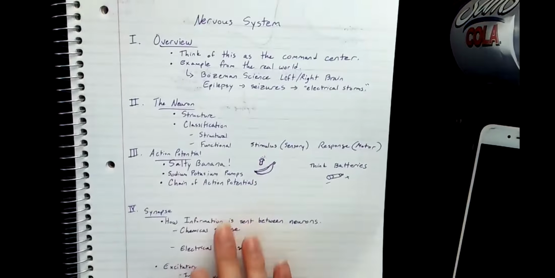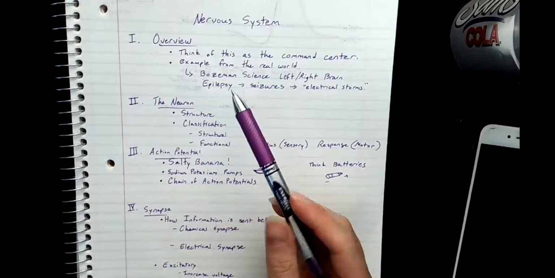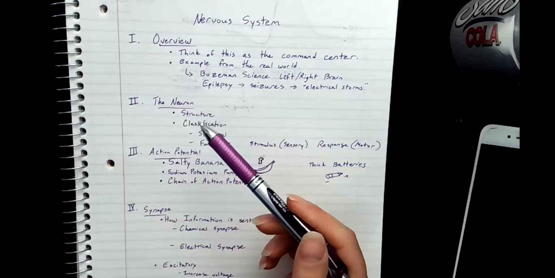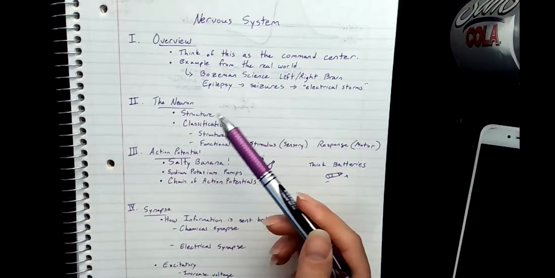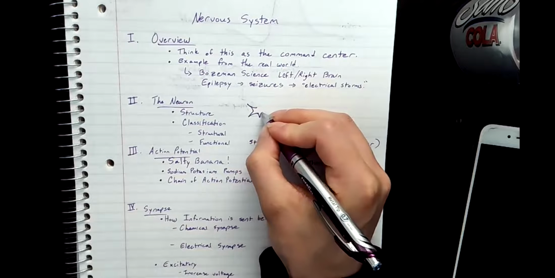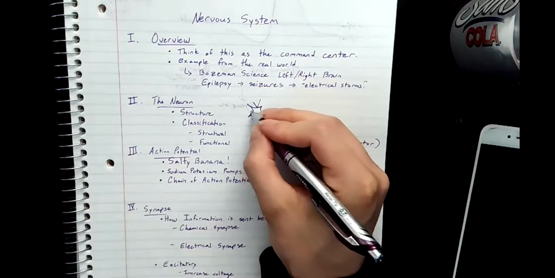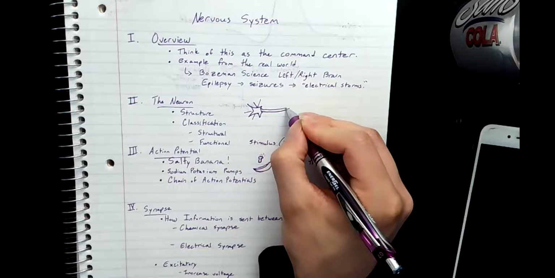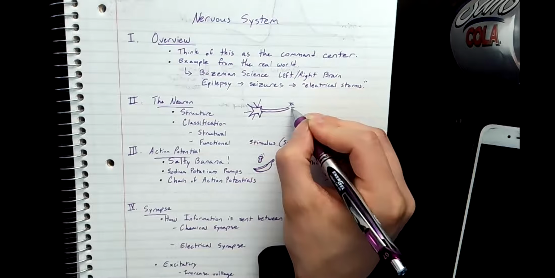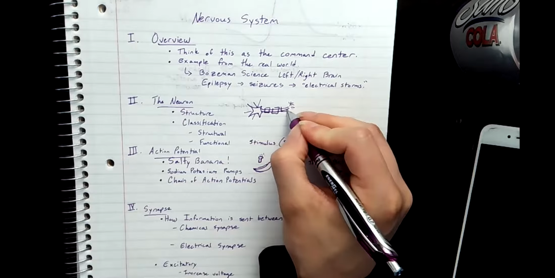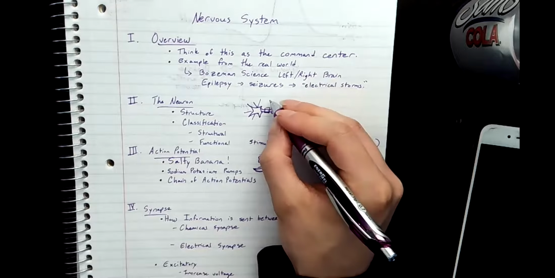So I'll review what we've gone over so far. We talked about the overview of the nervous system. It's the command center. The basic unit is the neuron. We talked about the structure with the dendrites on one end, the axon, and then we have the terminal ends, the myelin sheath covers the axon.